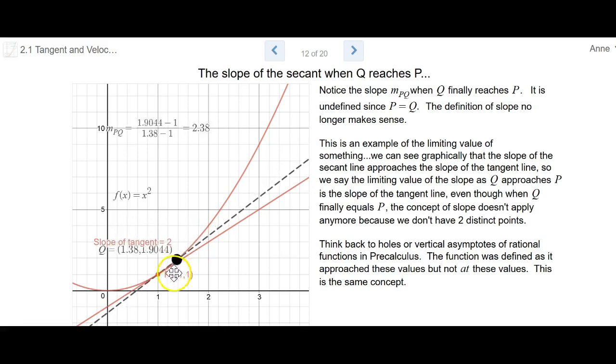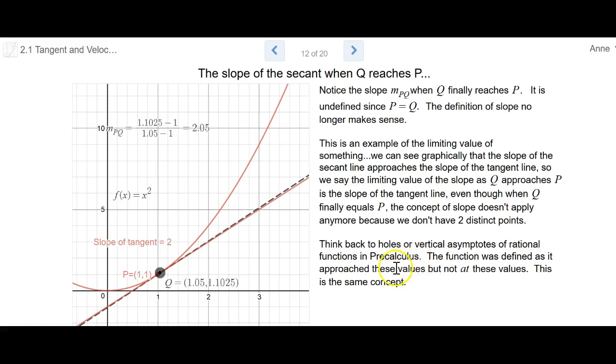So you've seen the concept of a limit before in pre-calculus. Think of rational functions in particular. A function approaches a vertical asymptote as x gets closer and closer to where that vertical asymptote is, or a hole. As x gets closer and closer to that x value where the hole occurred, it's approaching the y value where that hole is, but it doesn't necessarily reach that y value, but you can get as close as you want.